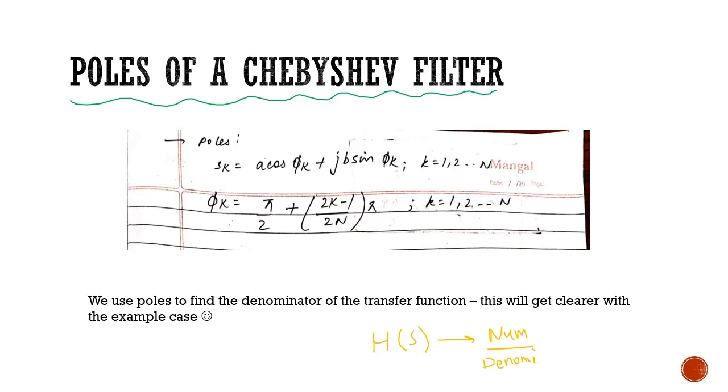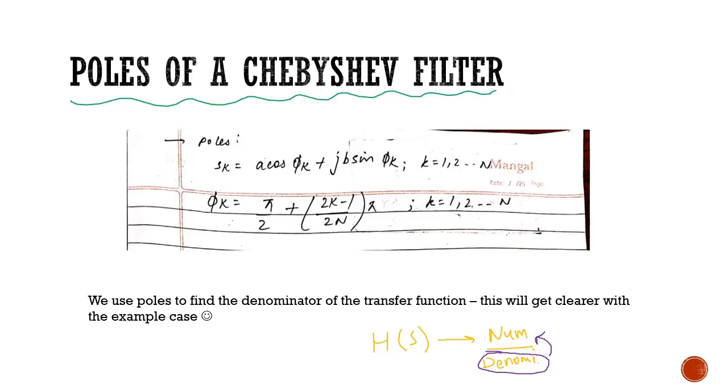Similar to the Butterworth case, we first deal with the denominator in the Chebyshev filter as well, and then we go to the numerator. So the poles help us find the denominator of the transfer function of a Chebyshev filter. But there are some different formulae involved in this case.